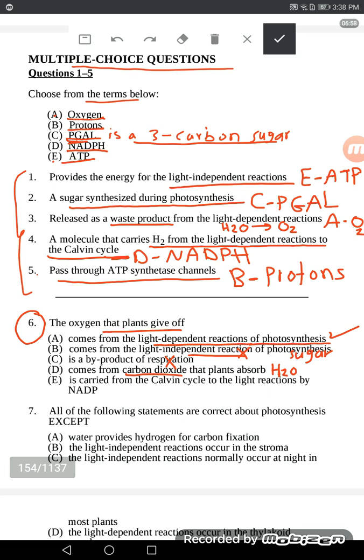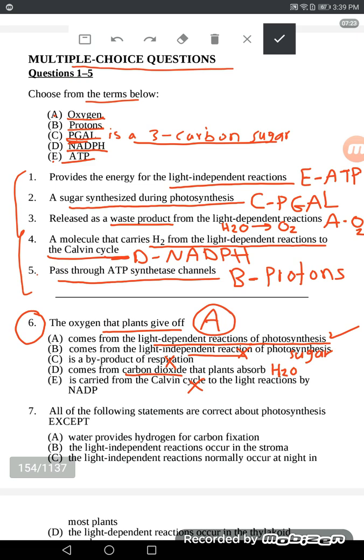It's carried from the Calvin cycle to the light reactions by NADP. Again, this is not true, because during the Calvin cycle, sugar molecule will be produced. So the answer for the question is A.